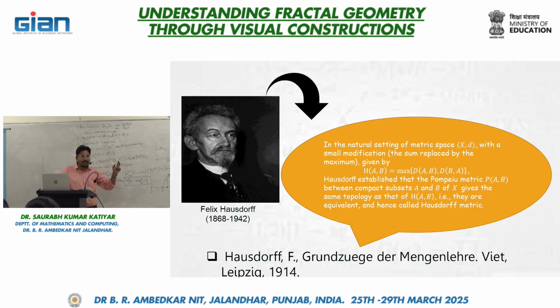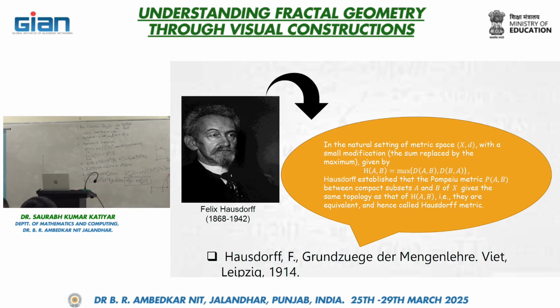He is just replacing the addition with the maximum. Then H of A comma B is the maximum of D of A comma B and D of B comma A. So Hausdorff established that the Pompeo metric P of A comma B between compact subsets A and B of X gives the same topology as that of H of A comma B. That is, they are equivalent and hence called the Hausdorff metric.